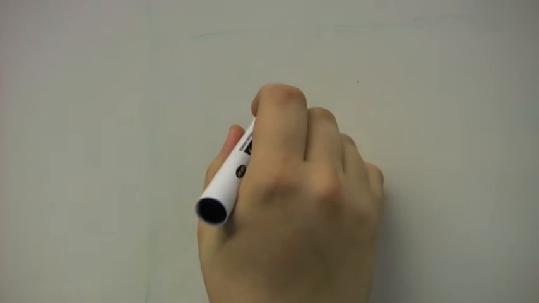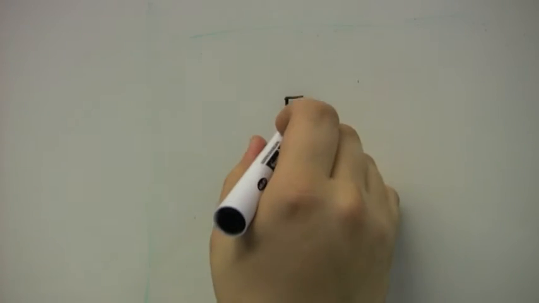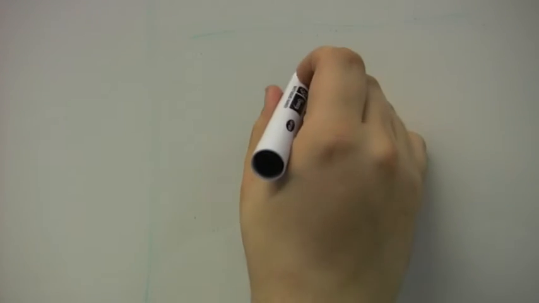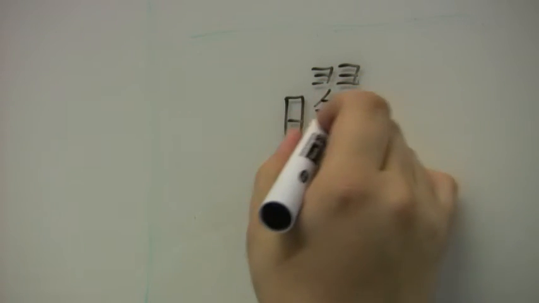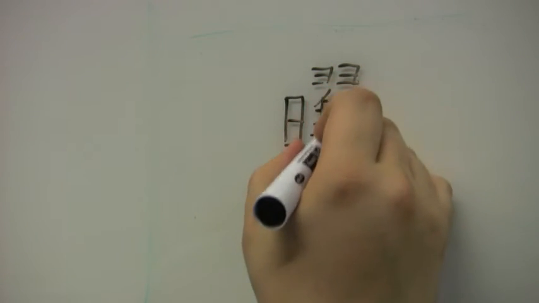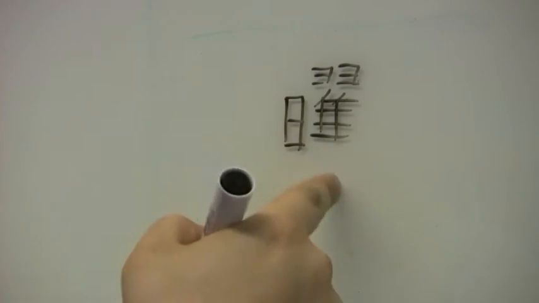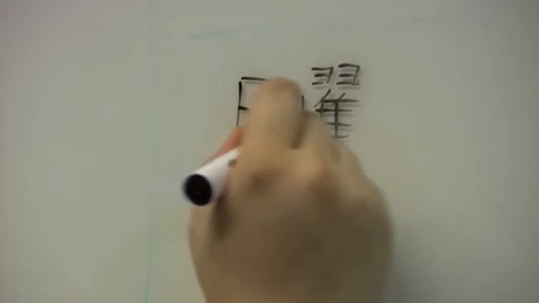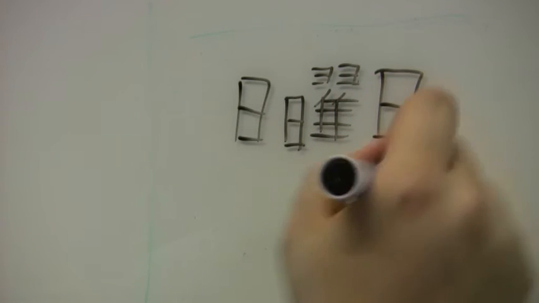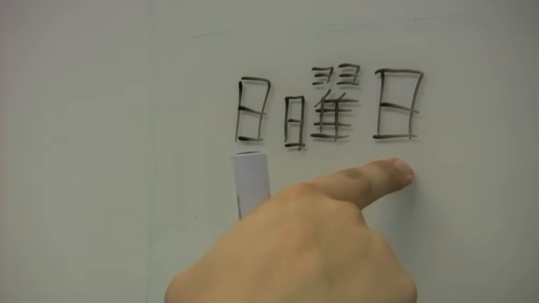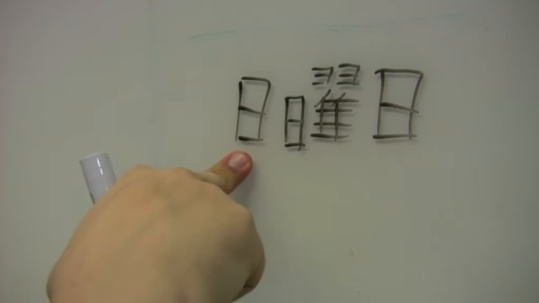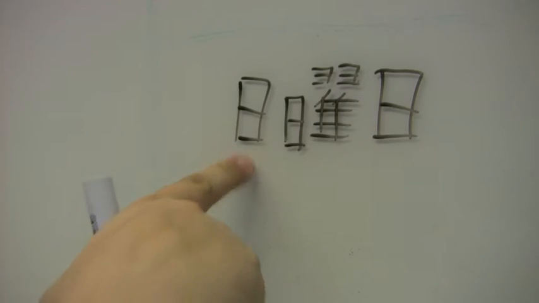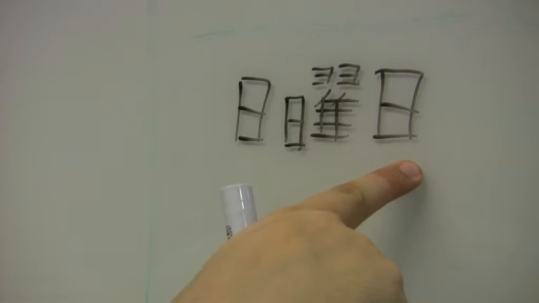Also, the sun one is sometimes squeezed together a bit. Like this one. It's day of the week. Nichiyobi. Kind of funny because this is the same thing. It's like Sunday Nichi, and then day of the week, and then a day again.